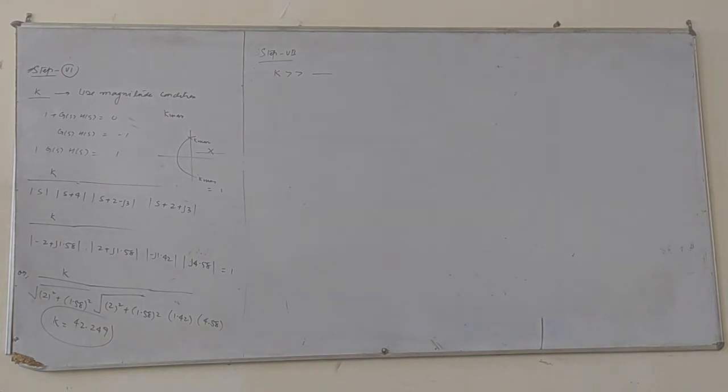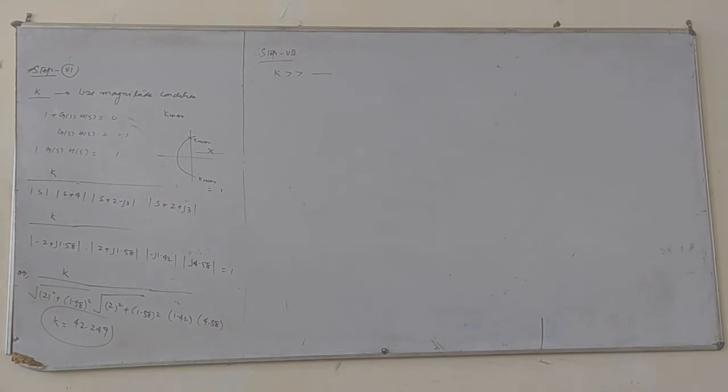When the value of k increases, it will move far away from the poles and zeros. That is number 1. Number 2, any branch of the root locus will terminate at a zero with a gain of k equal to infinity.